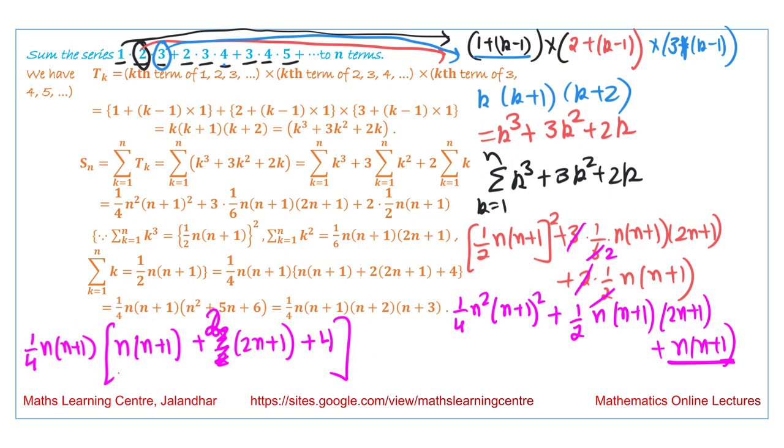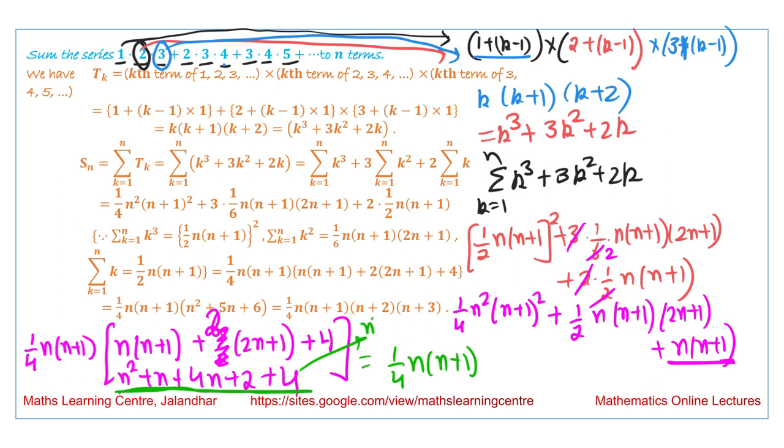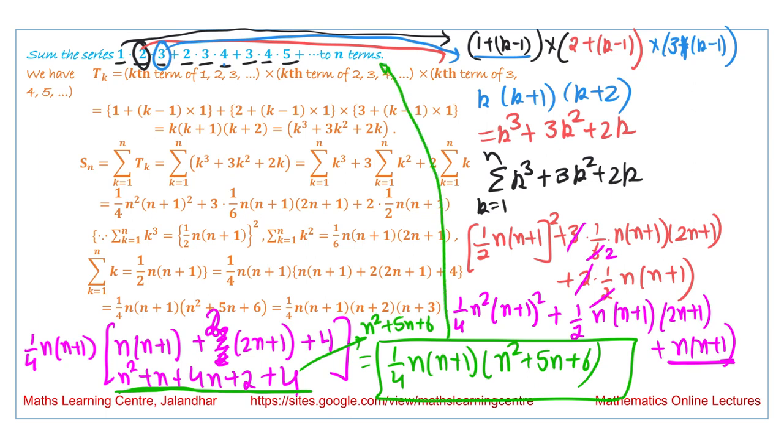So when you solve these terms, this is n square plus n plus 4n plus 2 plus 4. So the final answer is equal to 1 by 4 n into (n plus 1). On solving this we will get n square plus 5n plus 6. So this is the sum of this series up to n terms.